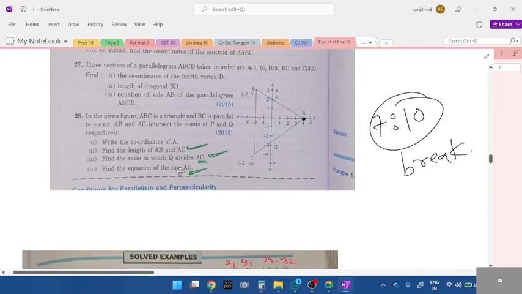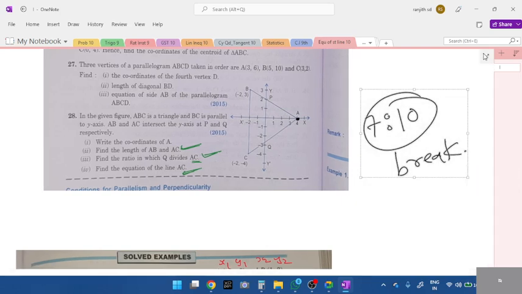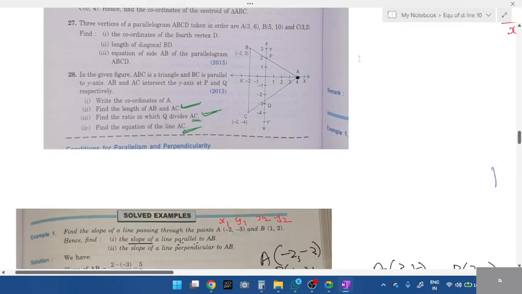Try this 2015 question 1. Can you see this diagram given in the given figure? Ratio and equation. Okay, try this. I'll give you all 5 minutes time. Try this 20th question, students. Then I'll solve. Then we'll do one or two questions from the next exercise.